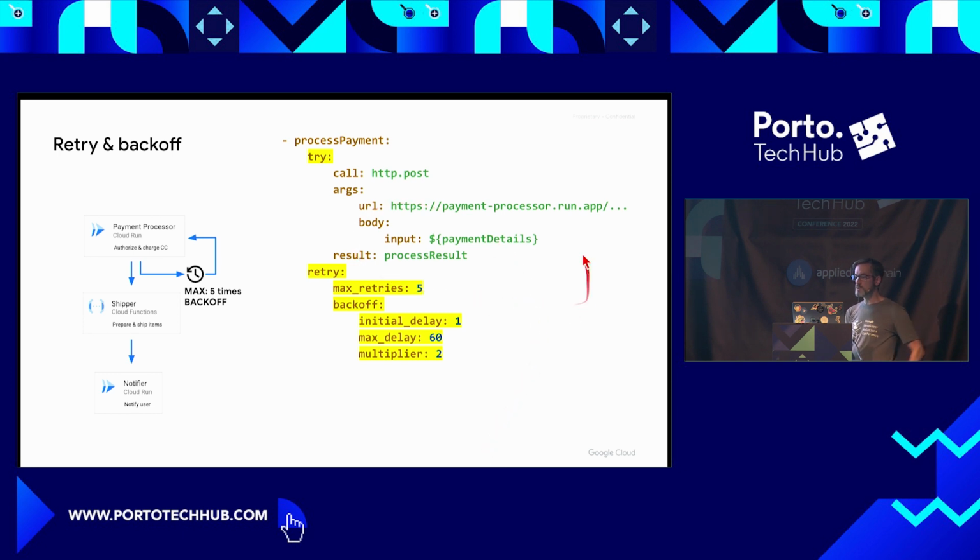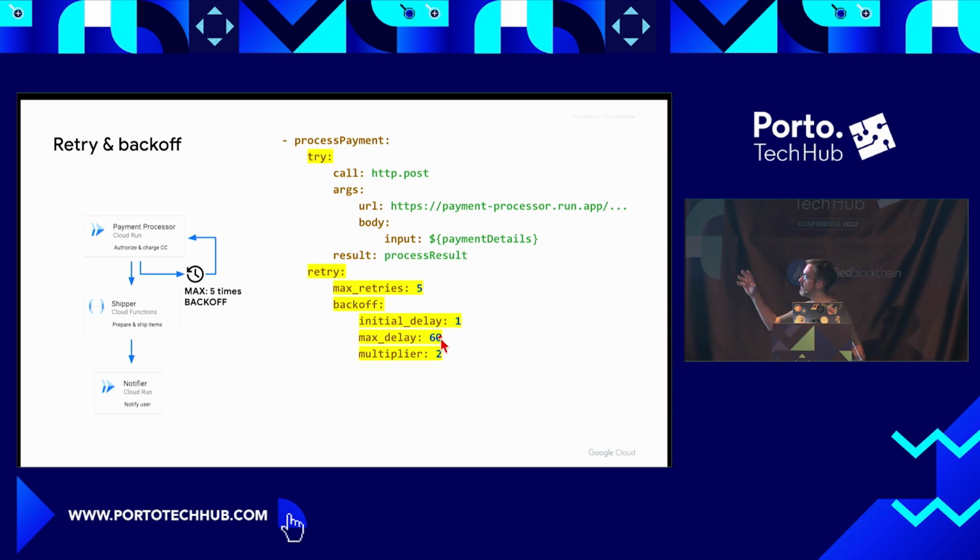When you call some of the services, and you know those services are a bit flaky, they can fail at times, you can define the number of retries, you can define a backoff strategy. So I'm going to wait 1 second, then maybe for the second call, I'm going to multiply that time by 2, so I'm going to wait 2 seconds, 4 seconds, 8 seconds, 16 seconds, up to a maximum of 60 seconds, for example.